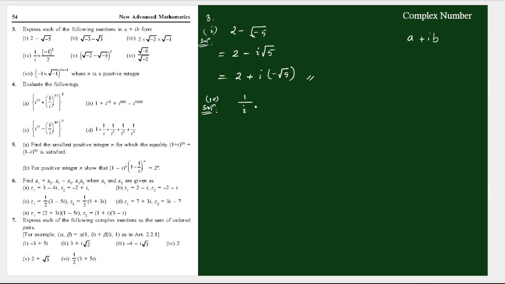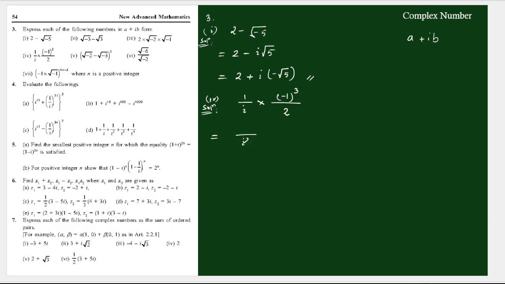One by i into minus 1 cube by 2. So here, what can we do? We have to remove this i, like the last question.